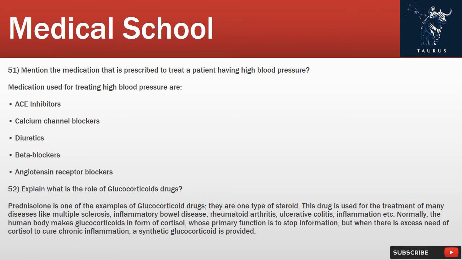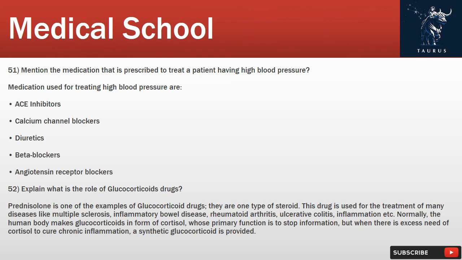Mention the medication that is prescribed to treat a patient having high blood pressure. Medications used for treating high blood pressure are ACE inhibitors, calcium channel blockers, diuretics, beta blockers, angiotensin receptor blockers.